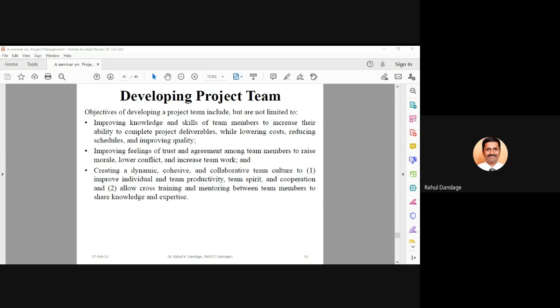The people can give training guidance to each other with respect to the various sectors from which they have come. They can mentor their peer team members, and there will be exchange and sharing of knowledge and expertise among them, and that is going to be helpful for the overall performance of your project team.